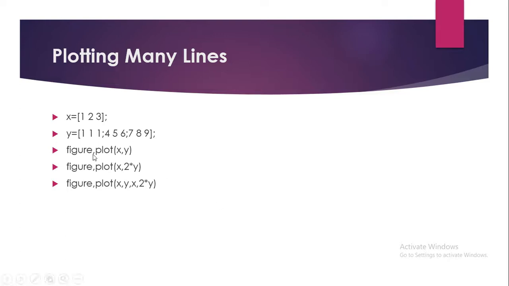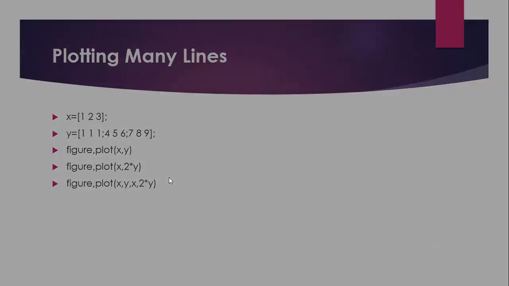Here I mentioned that one figure will be this example, x with respect to y. One graph will be generated. In another figure, x with respect to x to y, same thing. So there will be 3 figures generated. What if I want all 3 figures in a single plot?